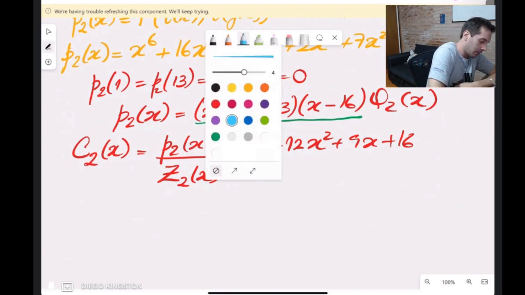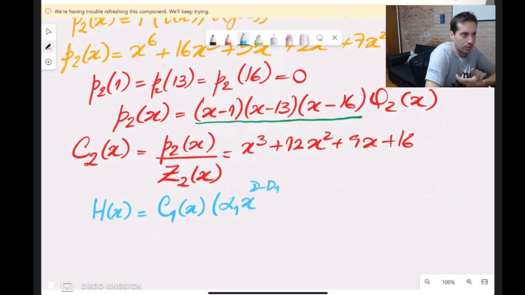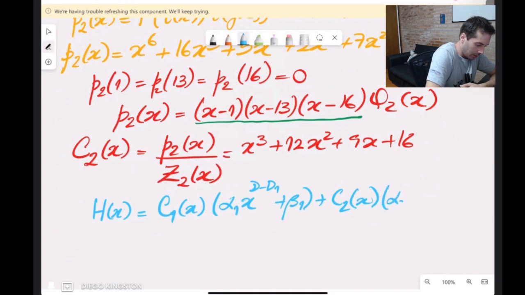And so we define the following polynomial, where we will sample some random values. And so this will be C1 of x times a random number alpha 1 times a degree adjusting term, so that this polynomial has degree d, plus beta 1, plus C2 of x times alpha 2 times x to the d minus d2, plus beta 2.